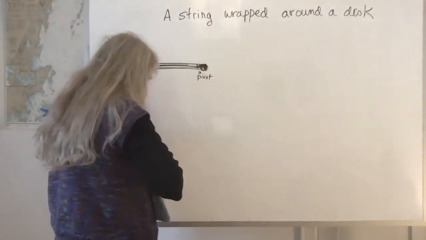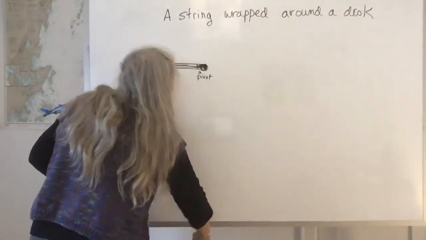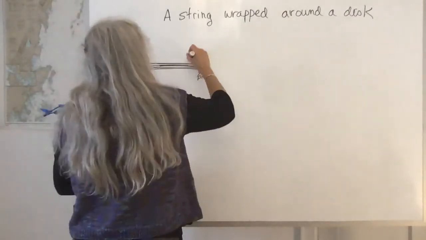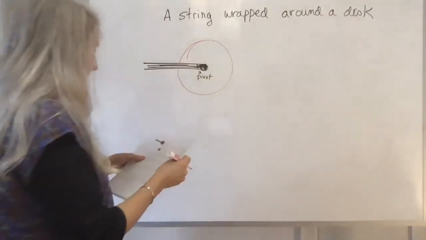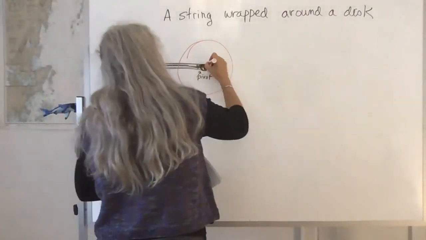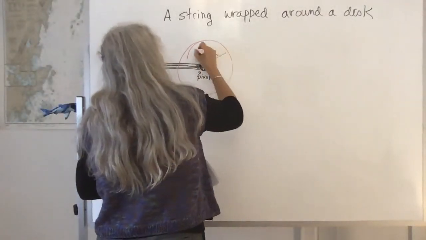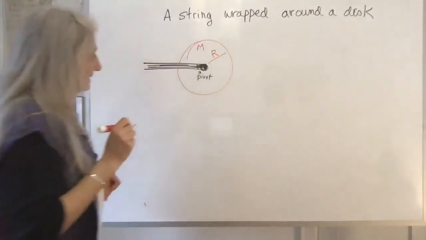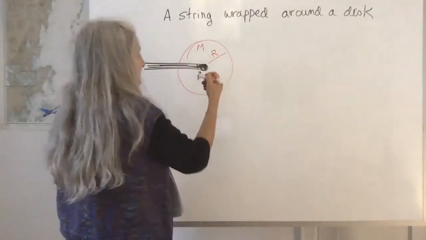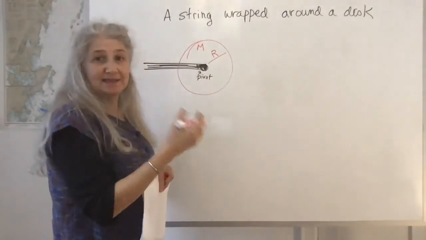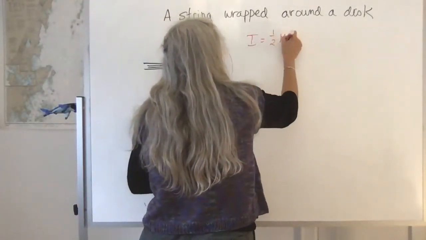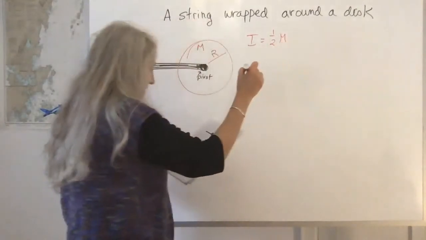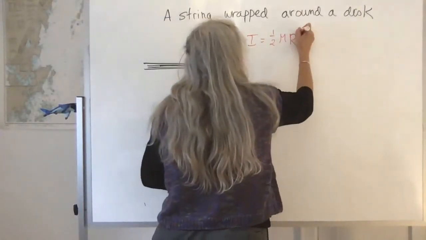Now, I have more than one color here. We'll use more than one color. So I'll put a disk. This is a uniform density disk. It has radius r and mass m. We know the moment of inertia of a uniform density cylinder or disk is 1/2 m r squared.